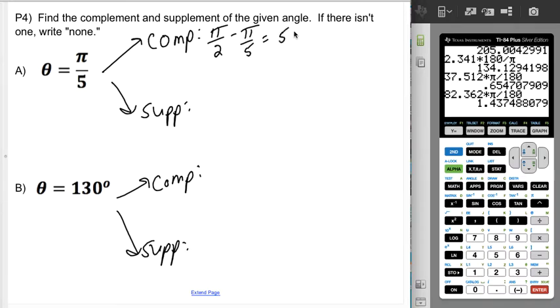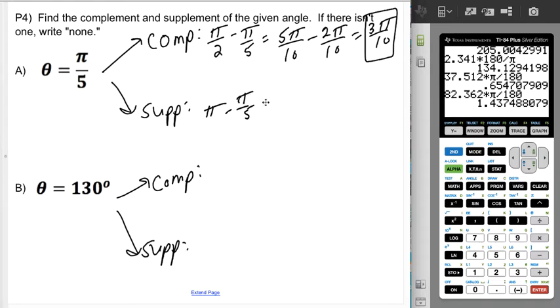So that's going to be 5 pi over 10 because I multiply by 5 over 5, minus 2 pi over 10 because I multiply by 2 over 2. So I'm going to get 3 pi over 10. For the supplementary angle, it'll be pi minus that pi over 5. Well, that's 5 pi over 5 minus pi over 5, which is 4 pi over 5.